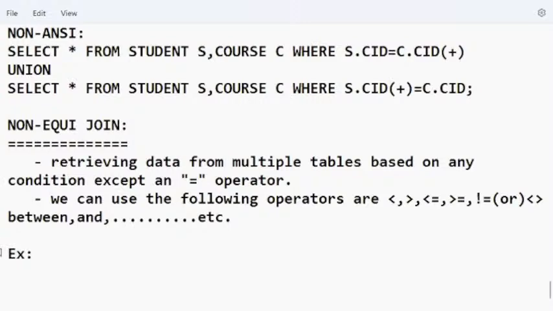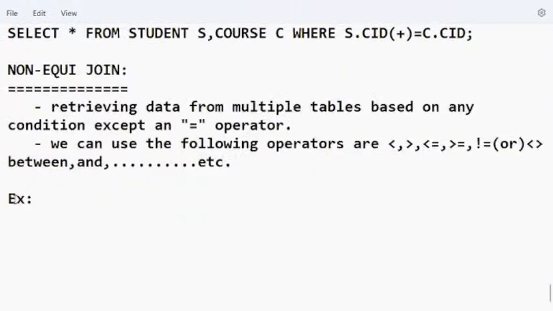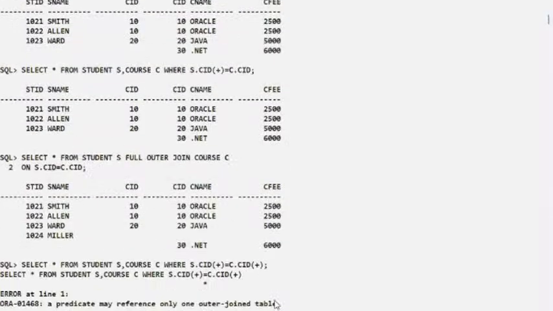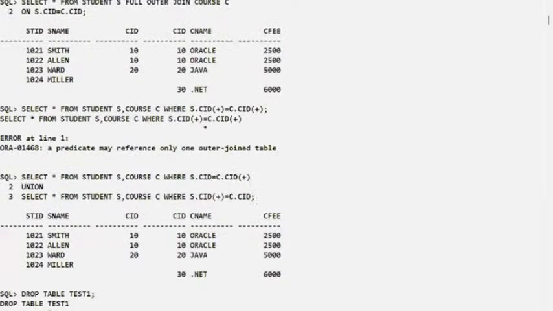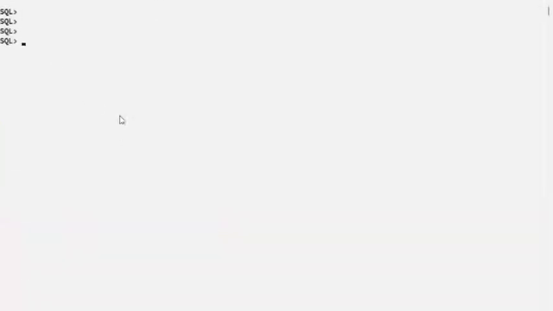Okay, right. First of all, let me show you one small example on non-equi join, how it works. First I'm creating some tables. Are these tables there or not? No tables, fine. I'm creating small sample tables: test1 with a serial number and a varchar2 column of some size.